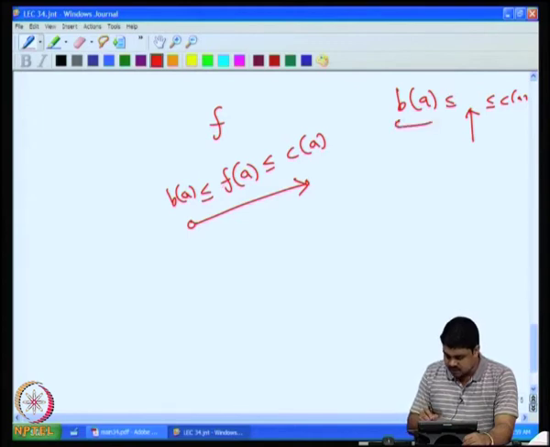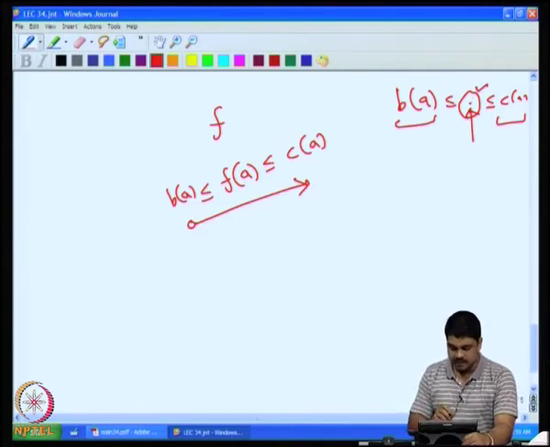Suppose if these are integers, we can always take an integer value itself which is in between. For each arc, we will select the value of f to be something in between B of A and C of A. Now, we have made it feasible, but it need not be a circulation.